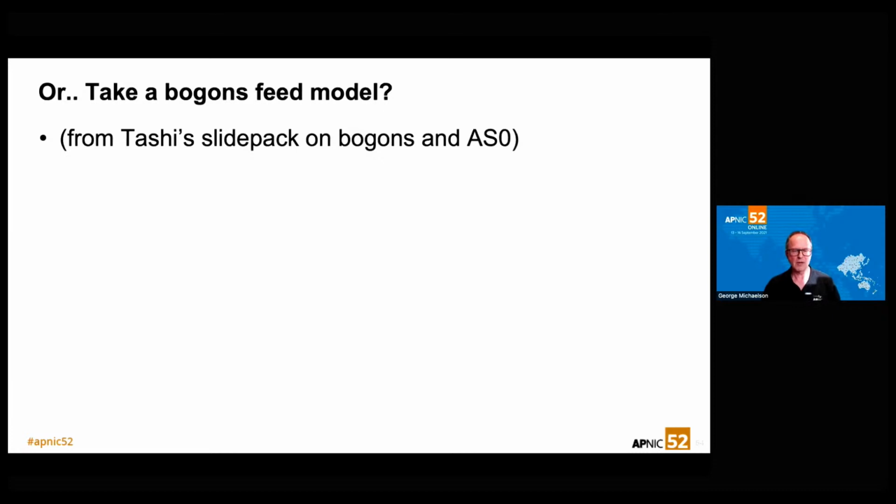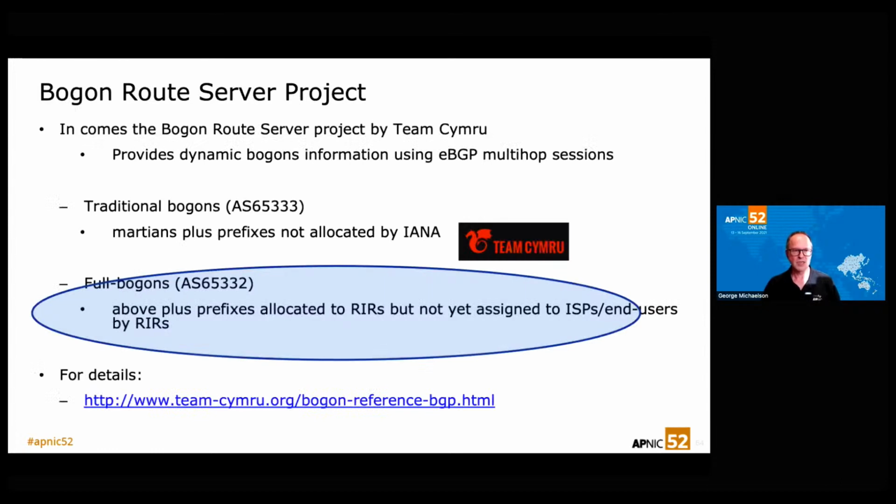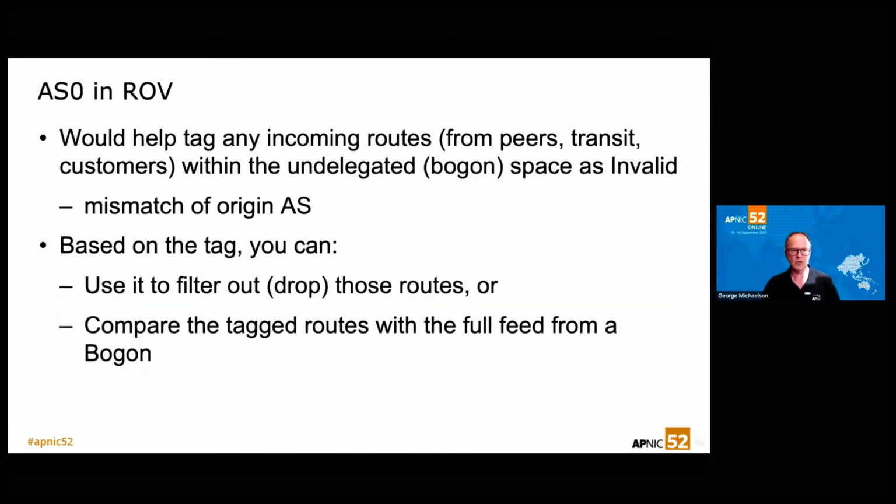Here's another approach, and this comes directly from Tashi-san in one of his tutorials. Tashi noted that there's the Bogon root server project feeding virtually the same information as a special BGP feed using a private ASN. Because it's a private ASN, it's a non-transit service, and you can elect to take a feed of BGP data that in effect marks things for you.